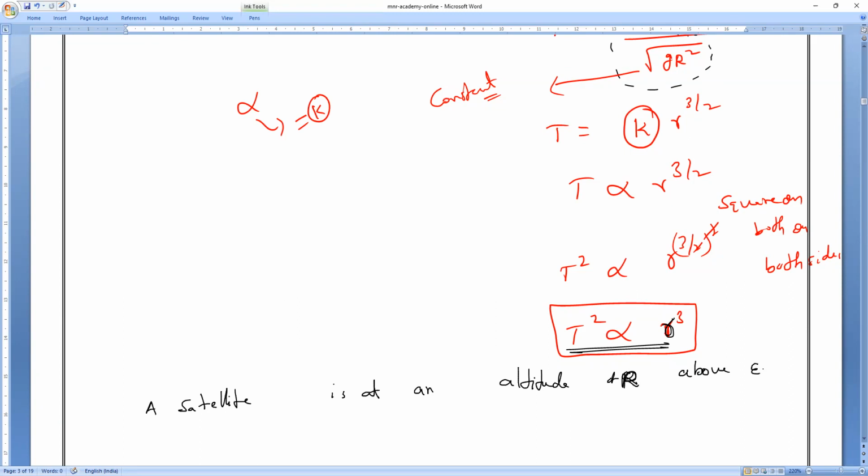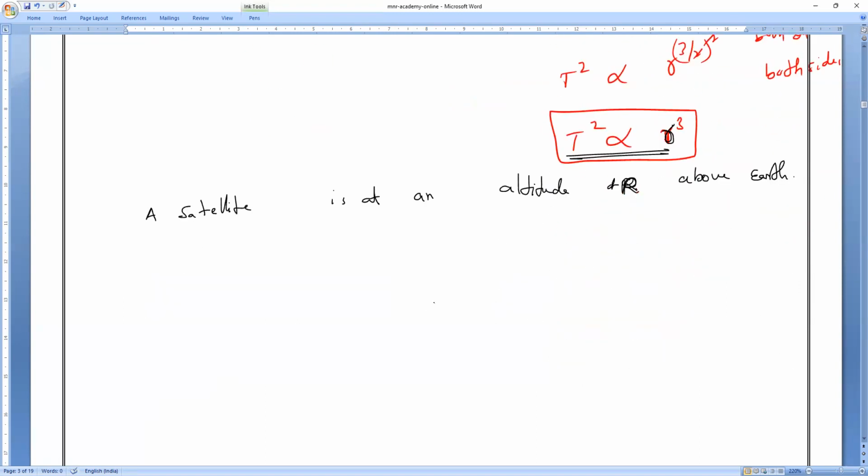The Earth is present here and the satellite is also present R above, that is, h is equal to R.